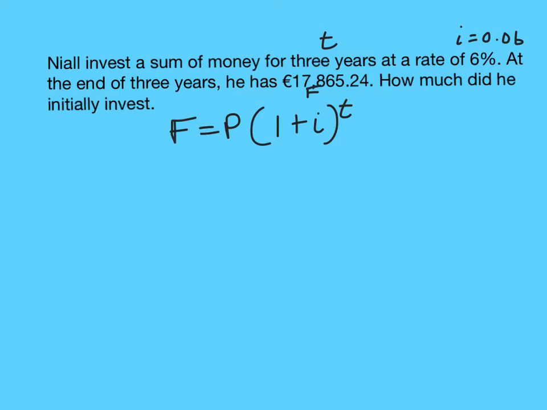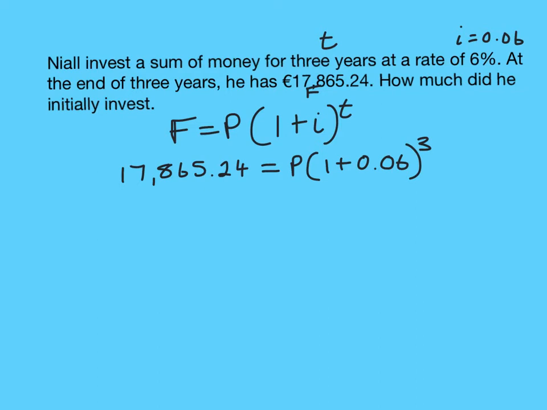What I always say to students here is just plug in what you know. So I know my final amount is 17,865.24. I do not know my P, so I can just pop P in there. And I have 1 plus 0.06 all to the power of 3.